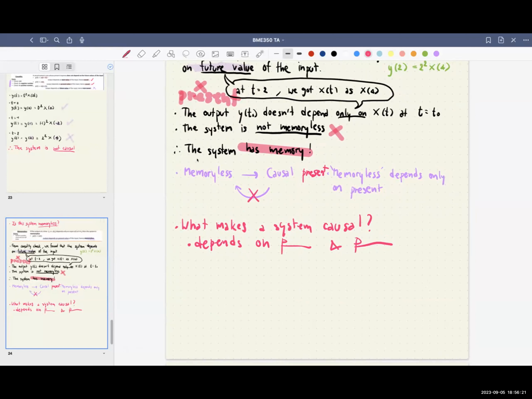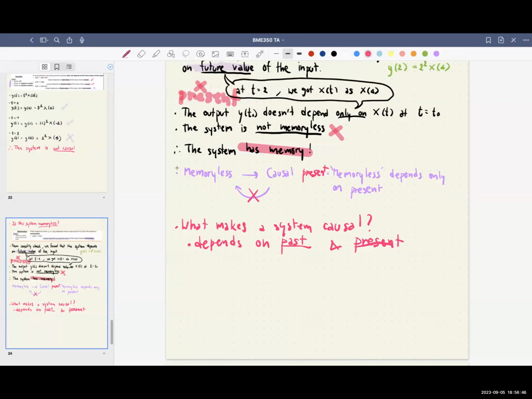Is it present and past? Yes, thank you. And thank you, Isabella, in the chat too. I have difficulty seeing chat right now. But okay, thanks for your answer. So a system that is causal is gonna depend on past and present, like Isabella and Rui said.